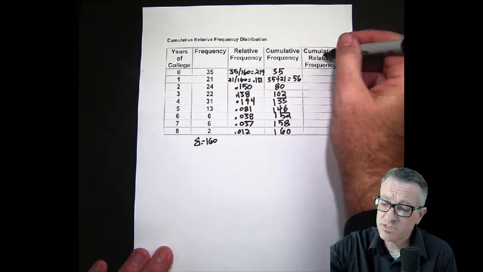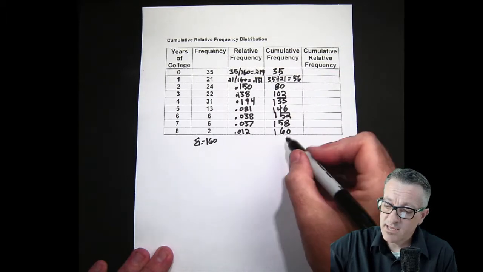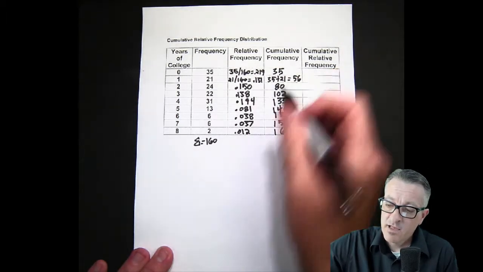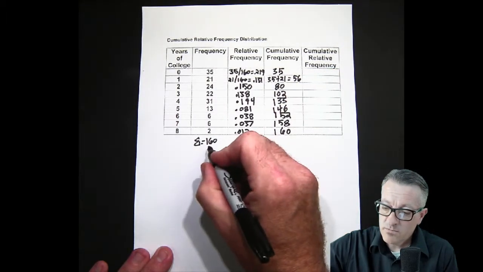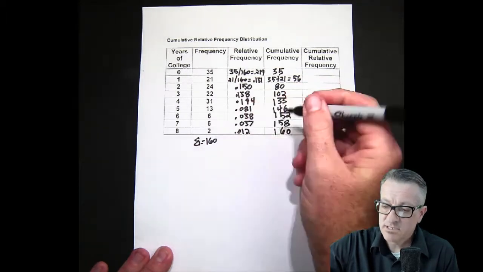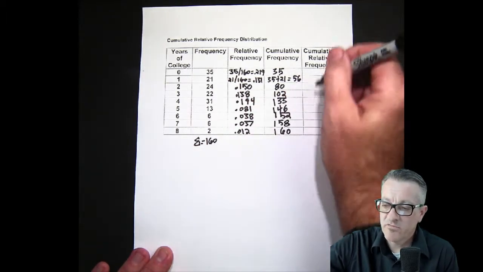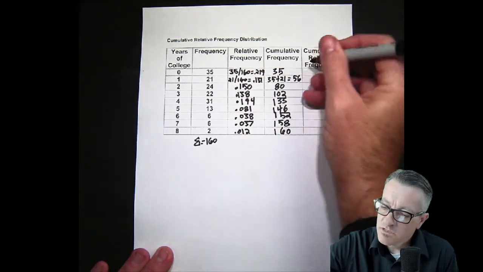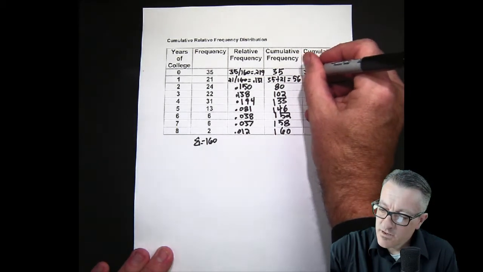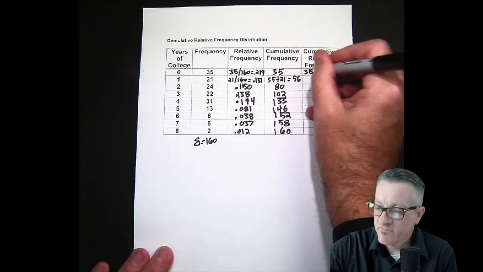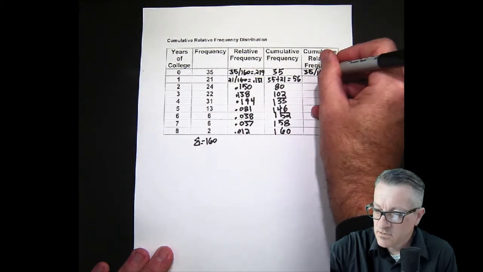And then for the cumulative relative, what we're doing is taking these values that we have right here and dividing them by 160, so that we actually get the cumulative relative frequency distribution. So it's like this: 35 divided by 160.